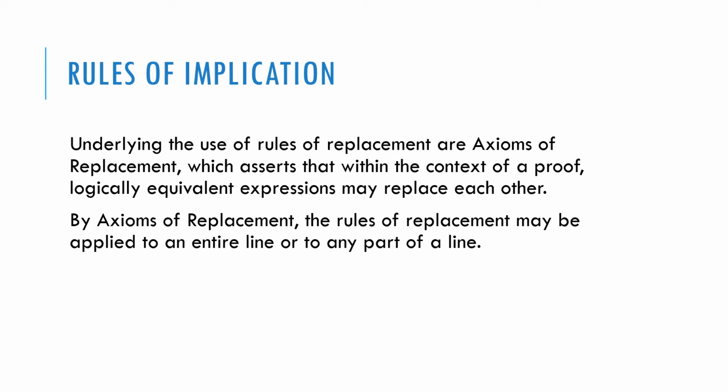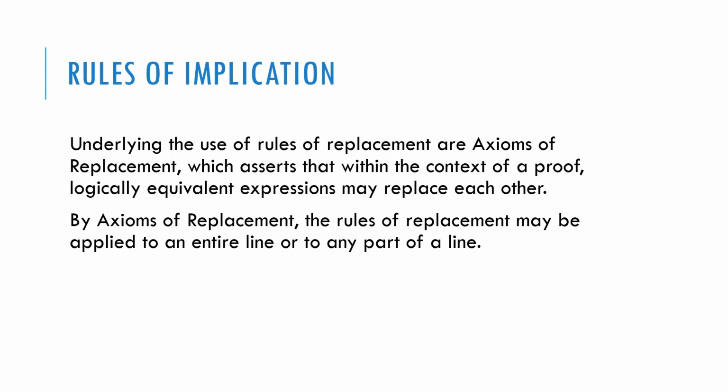So, for example, earlier in this course, we saw De Morgan's law, or De Morgan's rule. This is a rule of replacement that we use when trying to write or understand arguments.